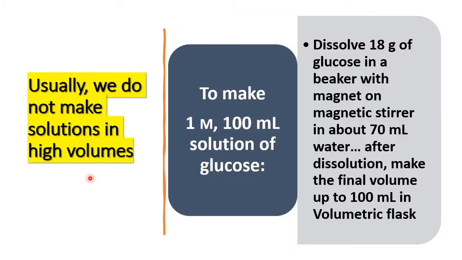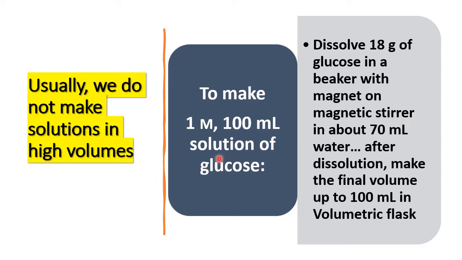Making solutions is not as simple as I just mentioned, because usually we don't make solutions in high volumes. If you want to make 1 molar solution of glucose, you have to dissolve 180 gram of glucose in 1 liter of water. But you may not need that much volume. So we usually make solutions in much smaller volumes.